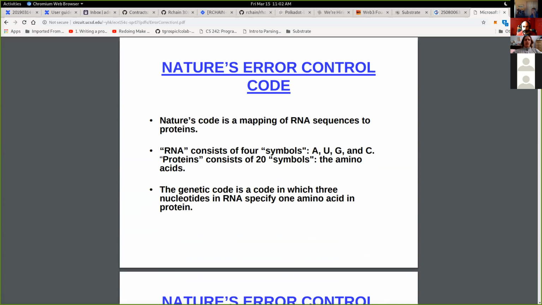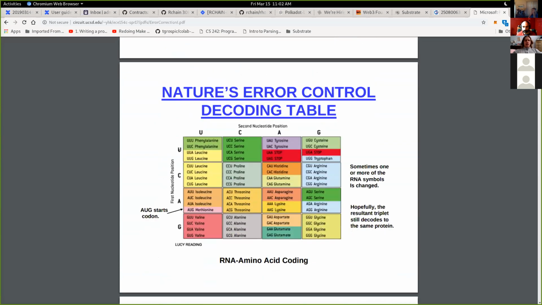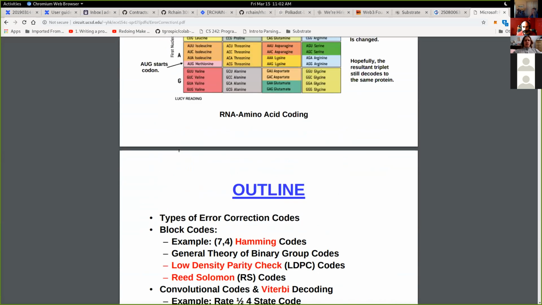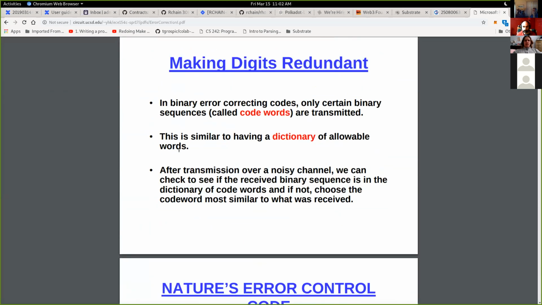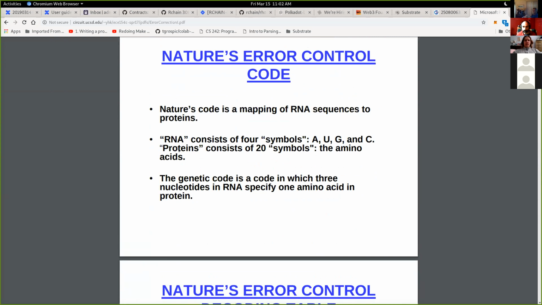Somewhere they said they used a series of 3 RNA symbols to encode all 20 of these, so 3 RNA symbols gives you a space of 4 to the 3rd, which is bigger than 20. So just like information redundancy. That's about as much as I learned so far.